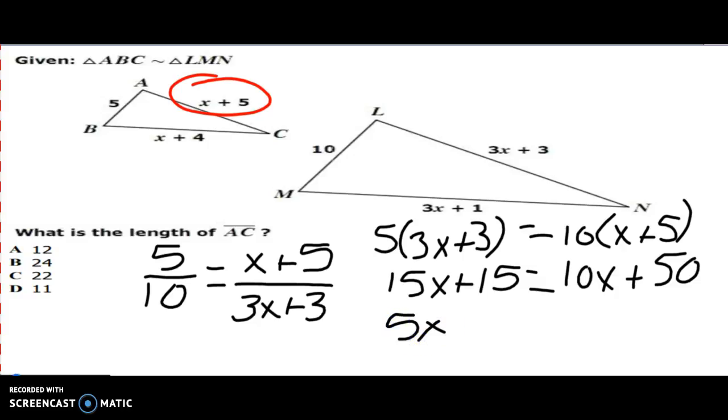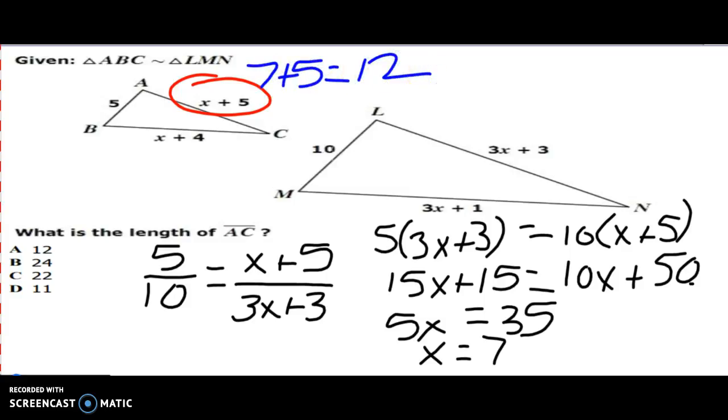I'm going to subtract 15 from 50 because I'm going to bring the 15 over. So this I'm going to subtract from 50, and that gives me 35. Divide by 5, so x is equal to 7. So if x is equal to 7, 7 plus 5 gives me 12. So the length from A to C is 12.